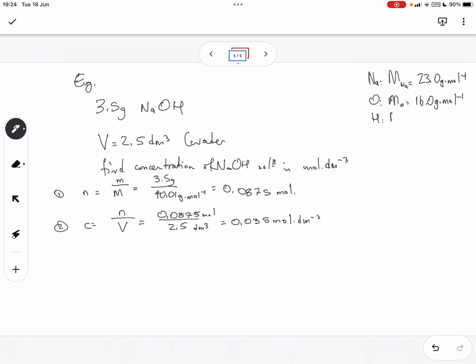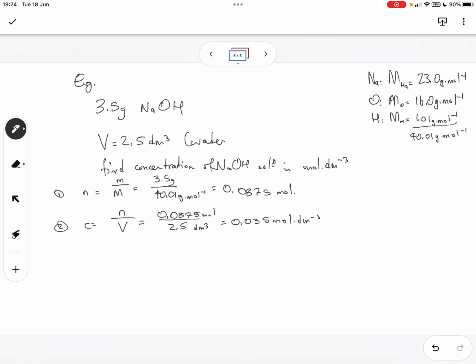And hydrogen is number 1, so its molar mass is 1.01 grams per mole. Now we add these: 23 plus 16 is 39, and the total is 40.01 grams per mole, which is this number here.